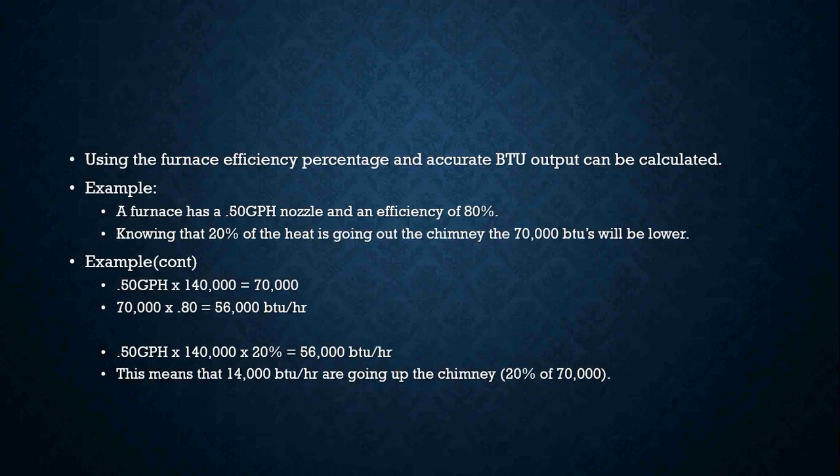So the importance of checking what your output rating is on your furnace, and oh, by the way, a lot of that stuff is found on the nameplate of your furnace. You can determine whether or not you are achieving the highest amount of BTUs per dollar that a furnace is operating at.